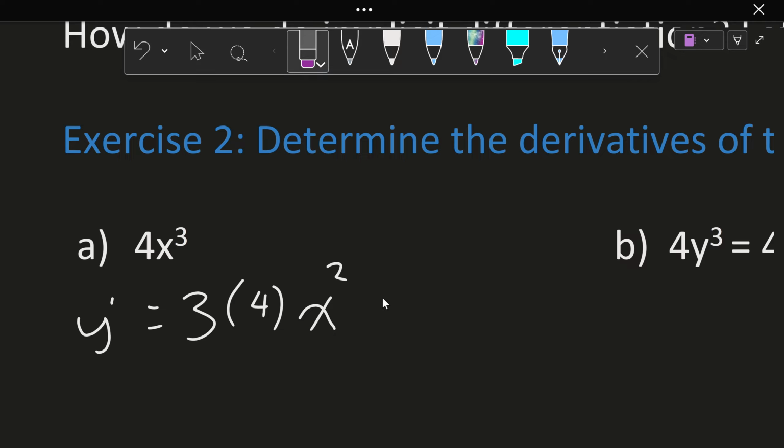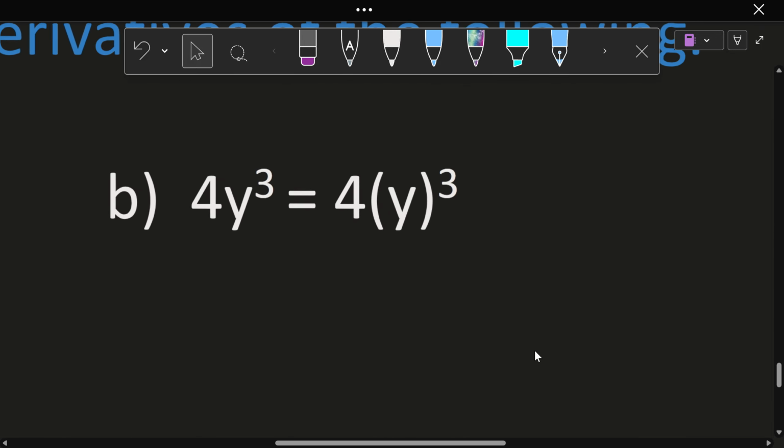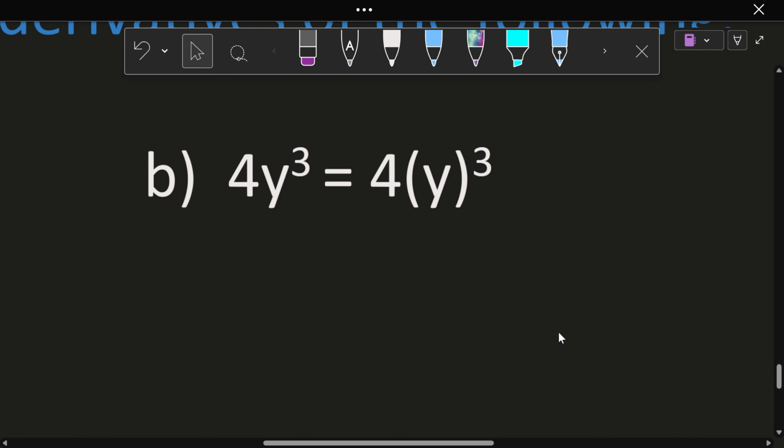But we are kind of doing power rule, so we bring the 3 down, multiplying it by any constant in front, leaving the x as is, subtracting 1 from the exponent, but then we are kind of taking the derivative of x, which is 1, and multiplying that at the end. That might help some of you with the chain rule, and really, we're going to do the chain rule here.